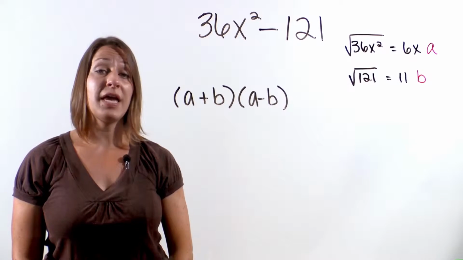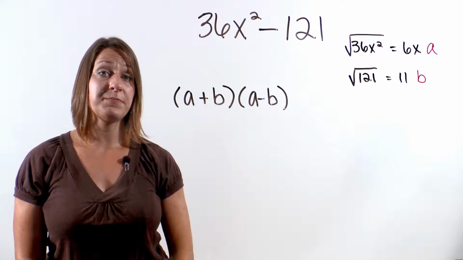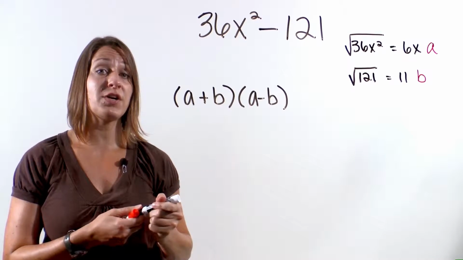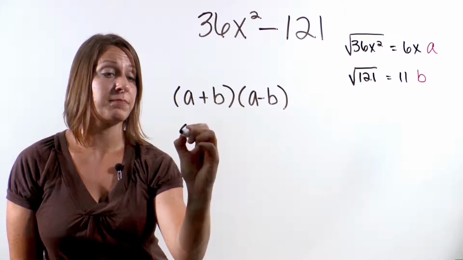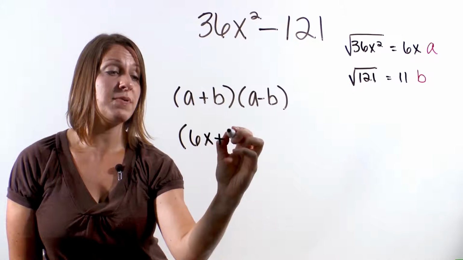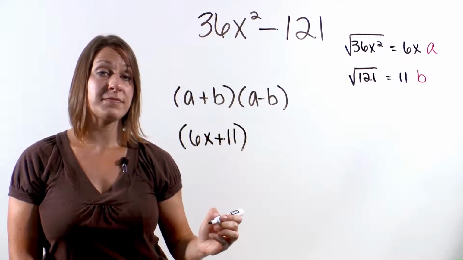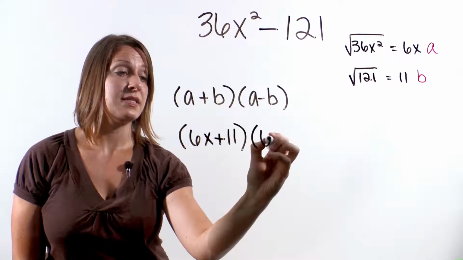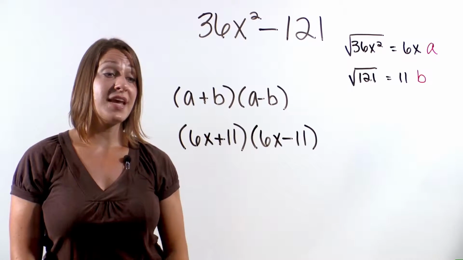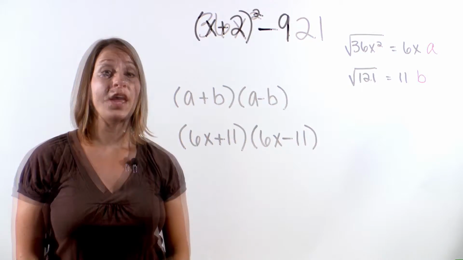So in this problem, a will be 6x and b will be 11. So here's what our final answer will look like. 6x plus 11 times 6x minus 11. And that's your final answer.